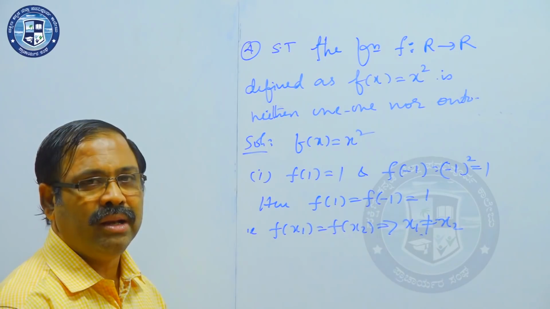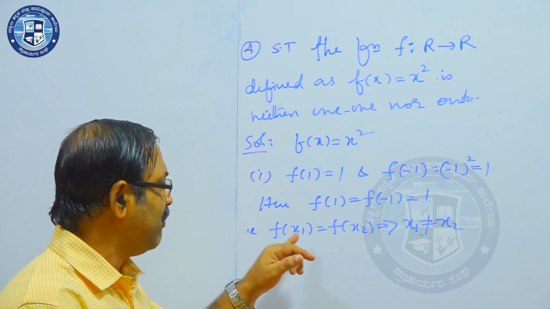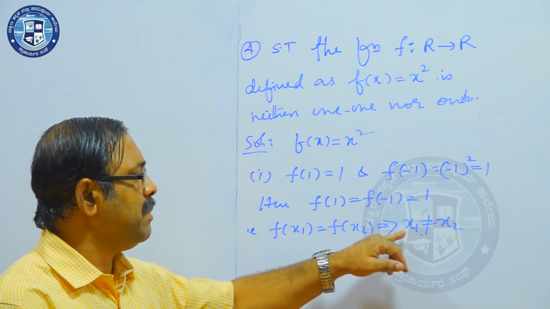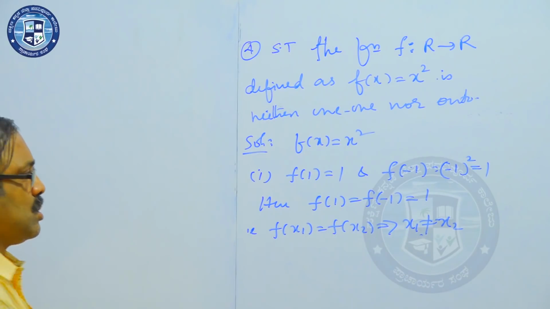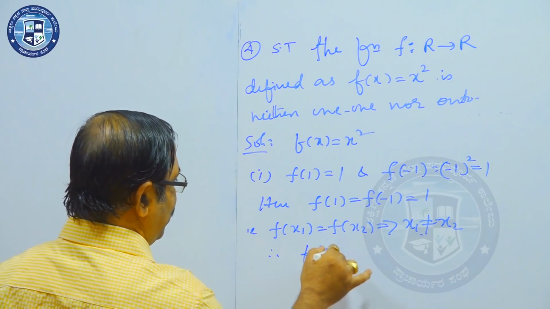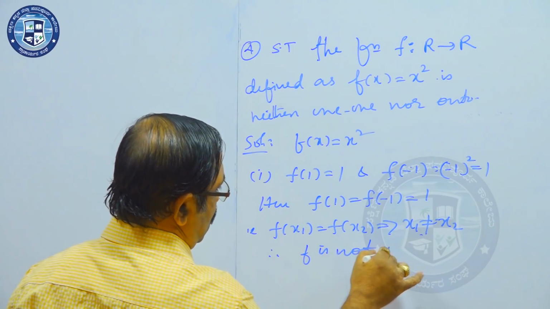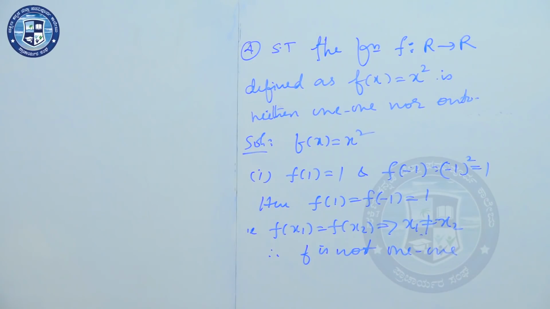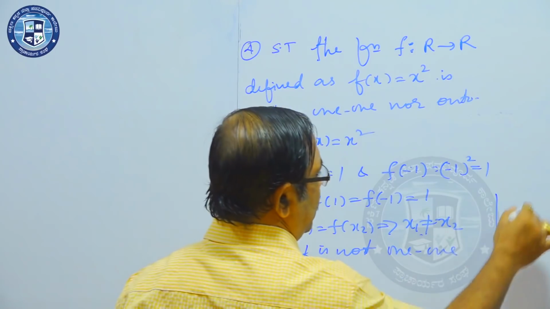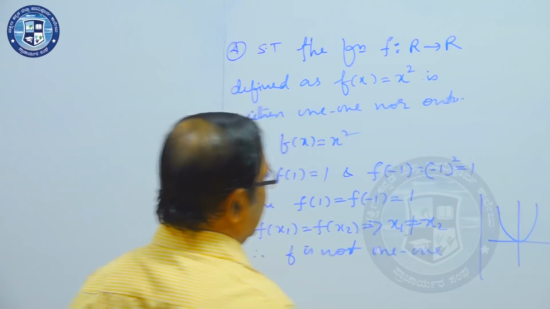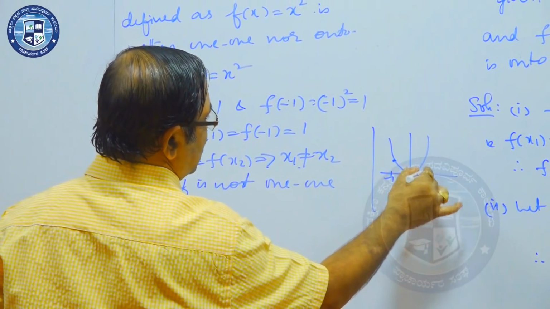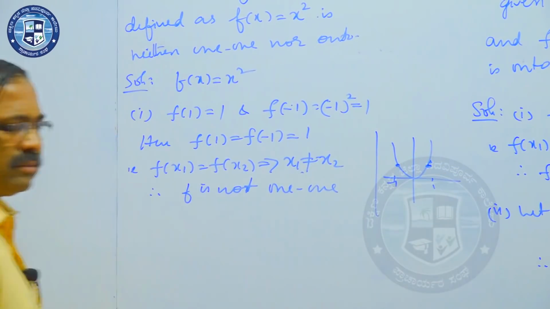But is it possible or is it true? No. Therefore, this shows f of x1 equal to f of x2 but x1 not equal to x2. So, what is the conclusion? f is not 1 to 1. Actually, we can also write, graphically, f of x, x is 1 minus 1, that is 1, plus 1, that is 1.